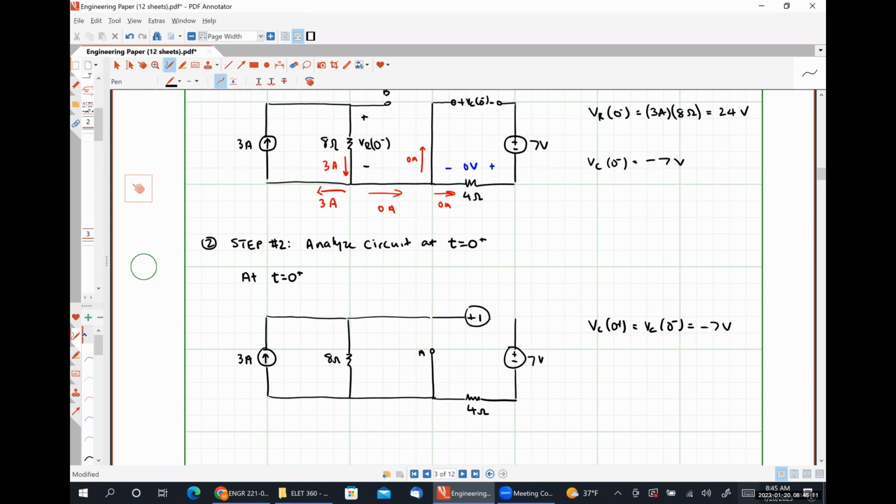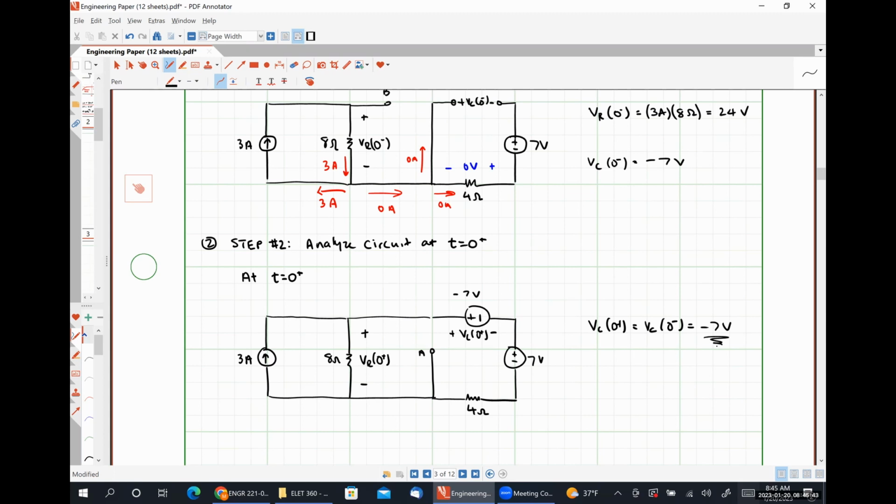And its magnitude is going to be -7 volts. This is the quantity VR at 0 plus we are trying to find. And just for the sake of argument, this is VC at 0 plus, which we know must be this value.